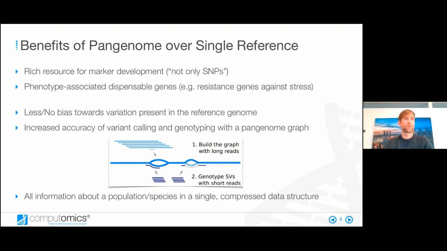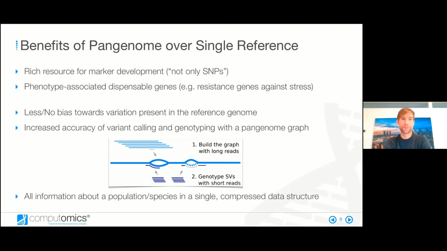With more and more variation you can screen, you of course also increase the likelihood that these variants are associated with traits or, in human studies, with diseases. With this, you can also find completely new traits. For example, resistance genes against stress are found in genes that are not present in the reference genome.